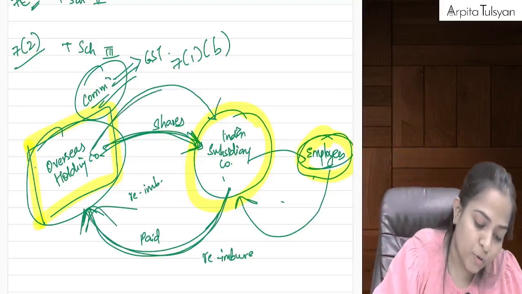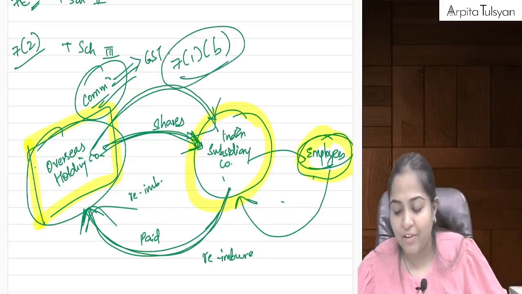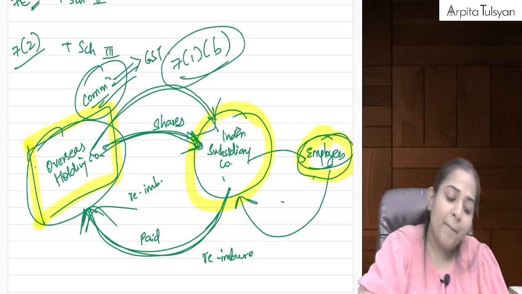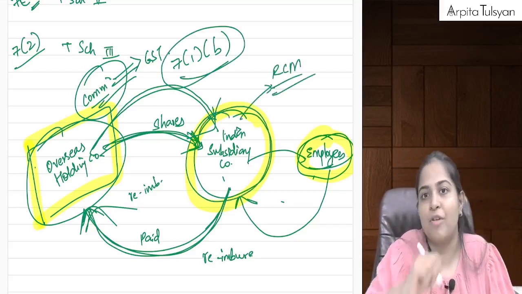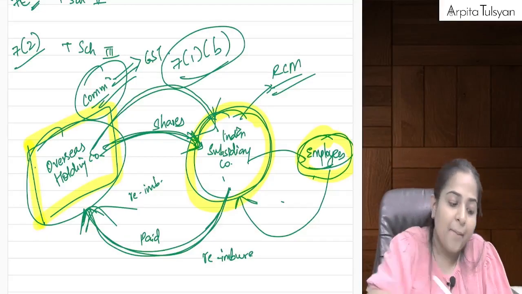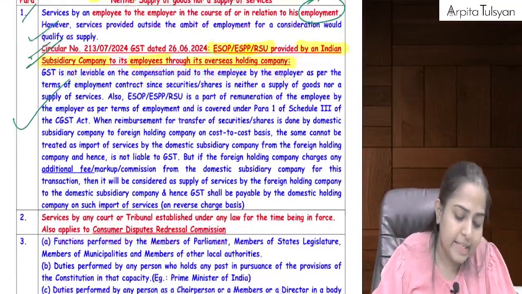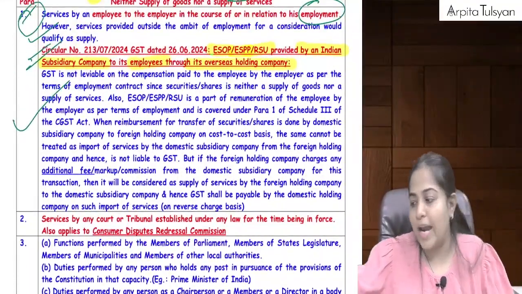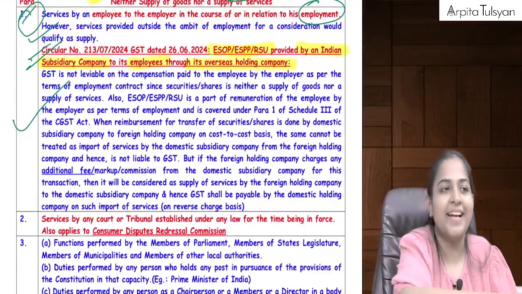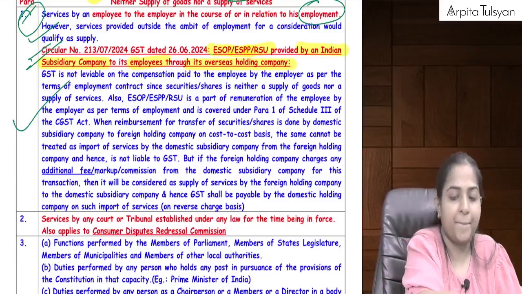So here there is a consideration involved, so this will go under section 7(1)(b), and that will be considered as a supply, but the Indian subsidiary company will pay the tax on it under reverse charge mechanism, which we have already discussed. Manageable till here? This circular was manageable for everyone? Yes, okay, done. So this was the first transaction, employer-employee. Employer-employee transaction will be considered as a non-supply, right?